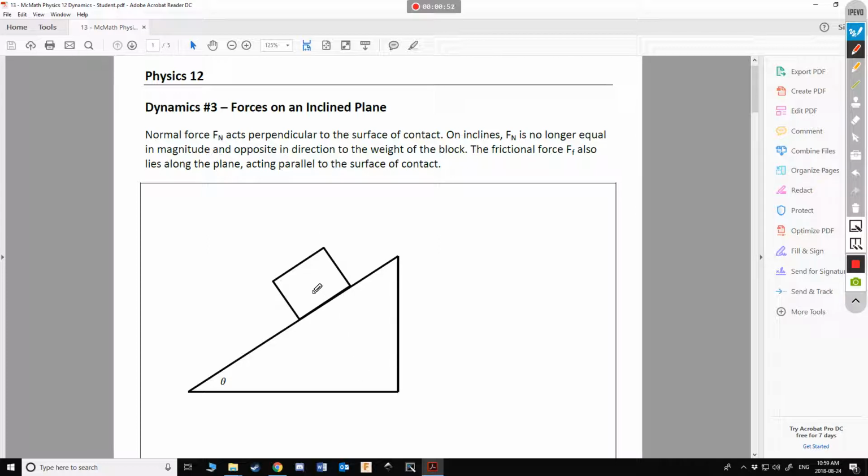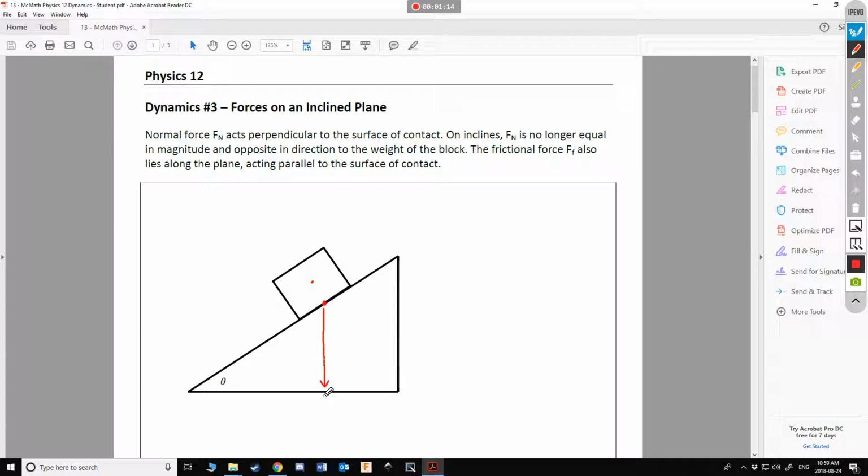So when we draw a free body diagram, we usually draw at the middle of the object. For neatness purposes, I like drawing it just right here. It's a bit easier to see. So force of gravity acting downwards, nice and big, I drew that one.